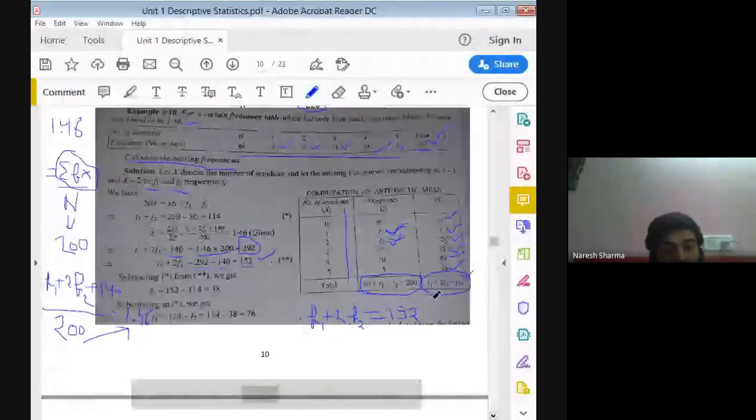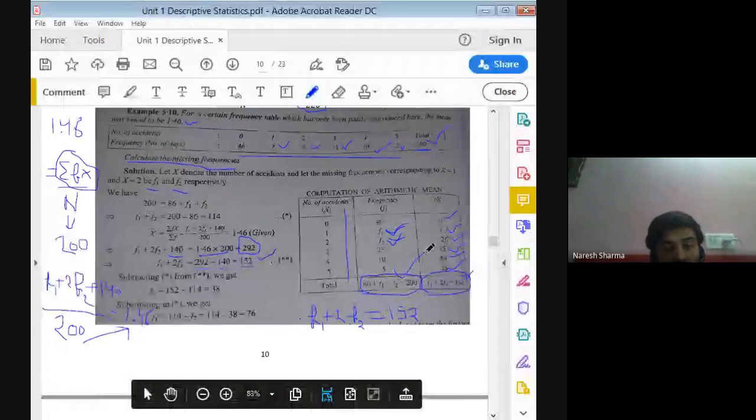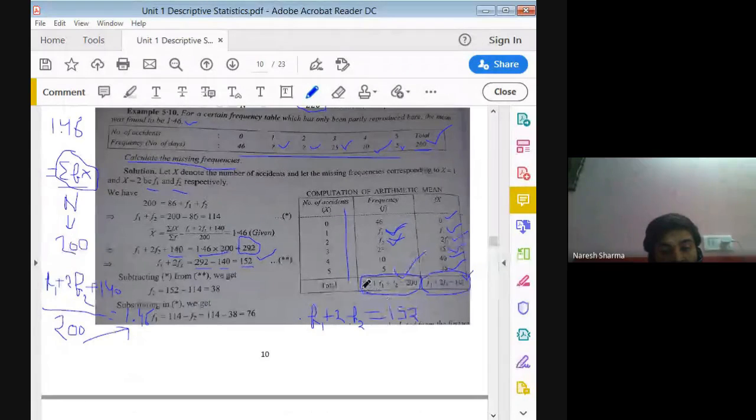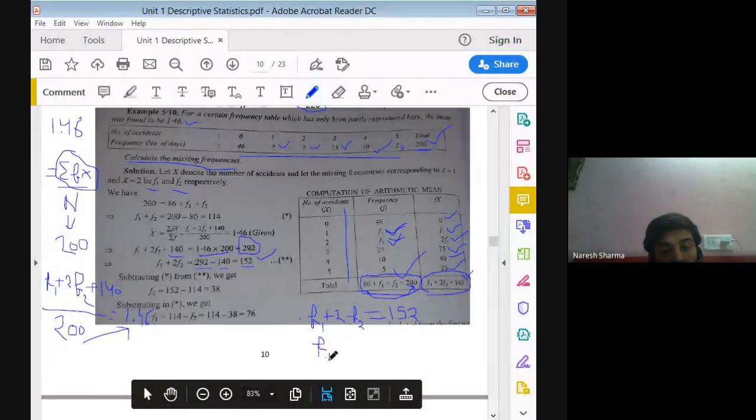So we require two equations to calculate two unknowns. So another equation, if you see here, we calculate the sum of total frequency, all frequency, that is 86 plus f1 plus f2, which is equal to 200. If we shift this 86 to the right hand side, that gives us f1 plus f2 equal to 200 minus 86, which is 114, which is already calculated here.